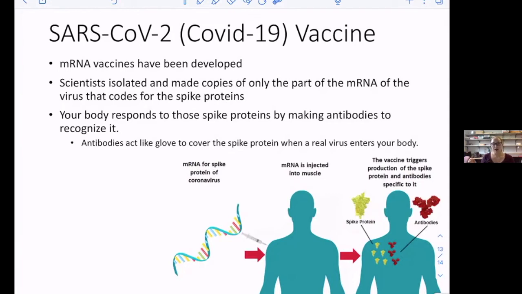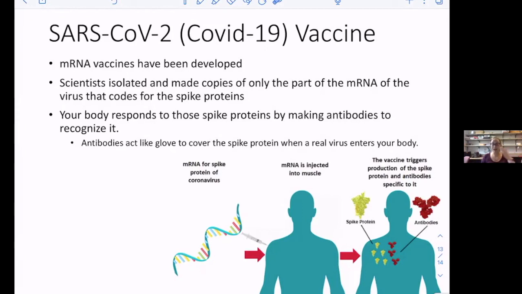And what that does is it allows your body to recognize that protein and go ahead and develop antibodies for it. What antibodies kind of do is, whenever they see that spike protein, the antibody covers it and acts like a glove.